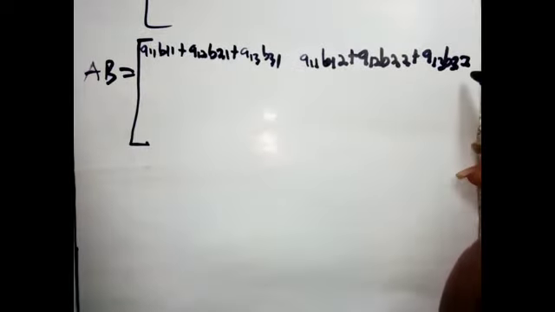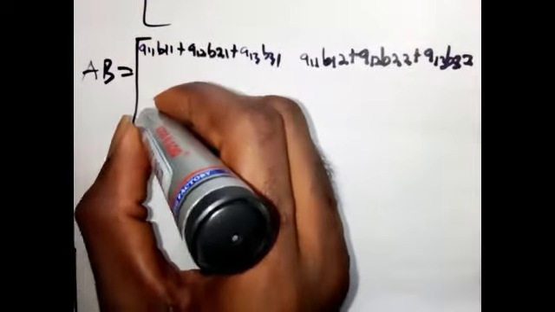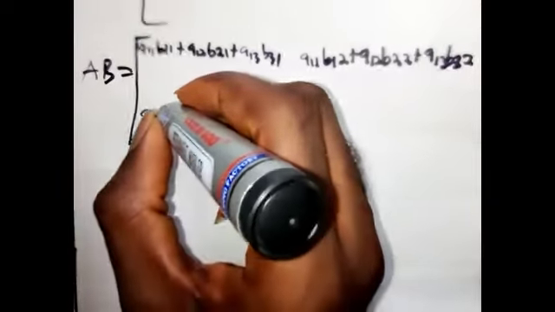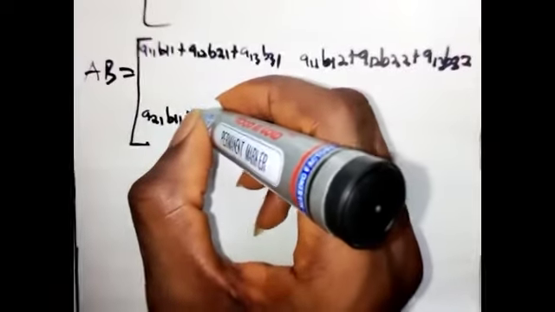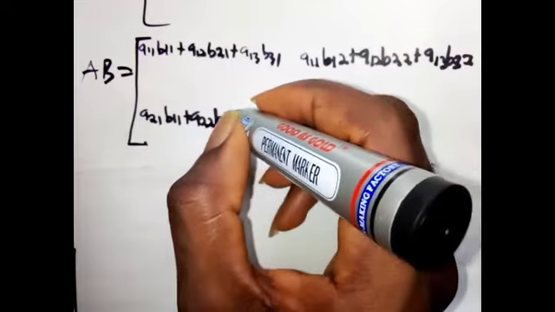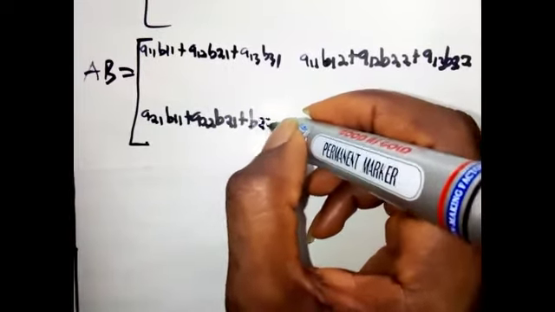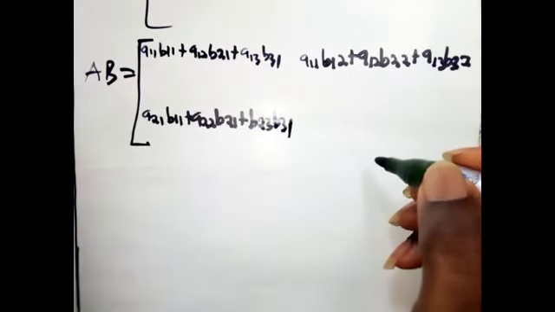Okay, move on to the second row. So we have A21 B11 plus A22 B21 plus A23 B31.